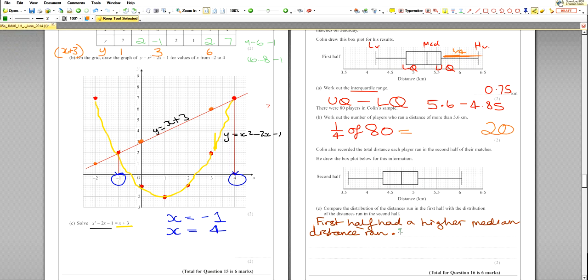So in the second half, the players consistently ran a smaller total distance than the first half.